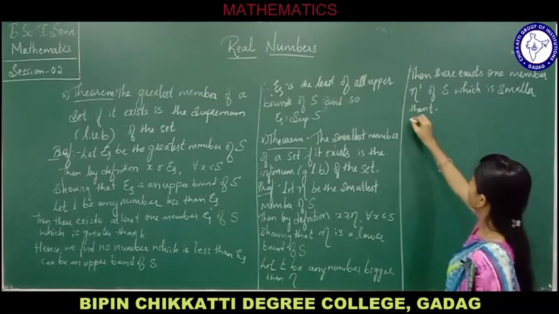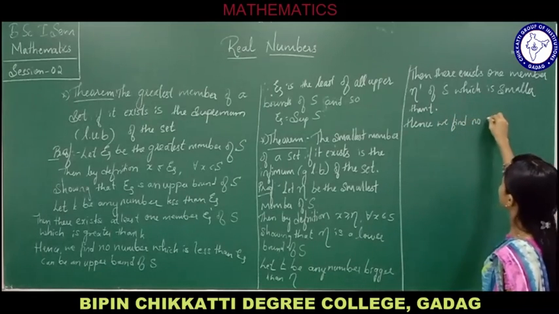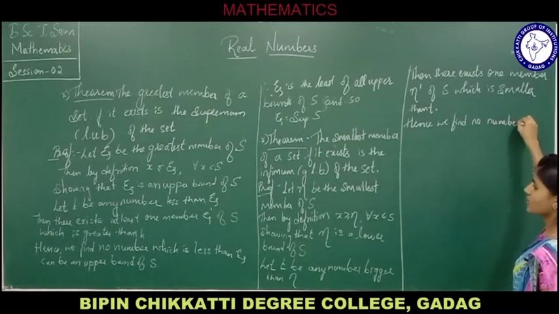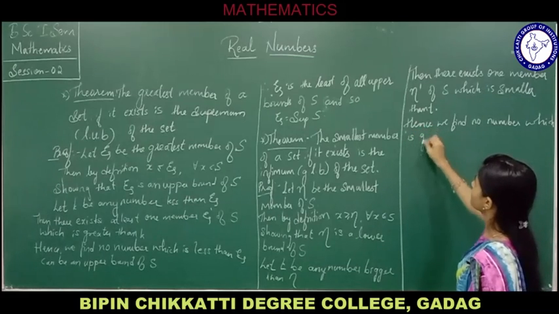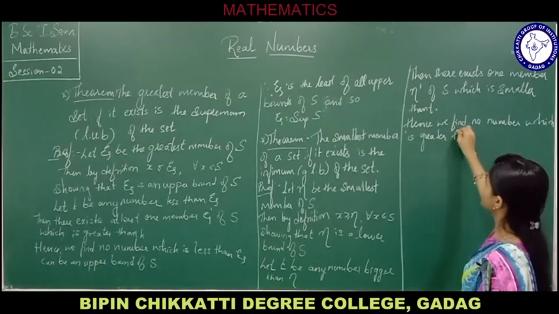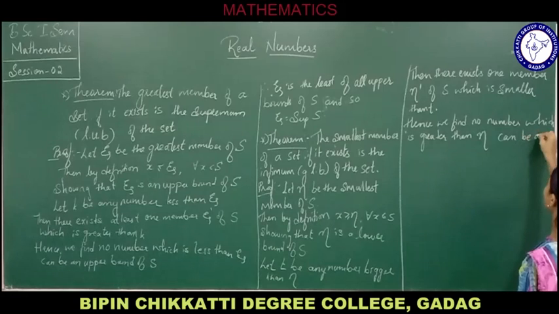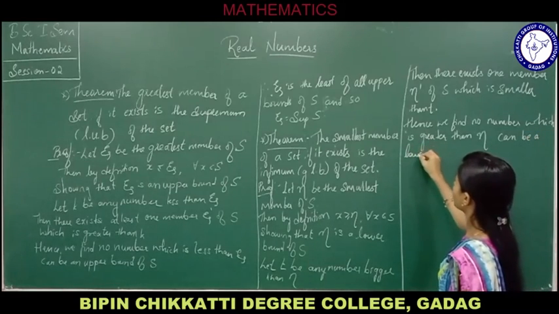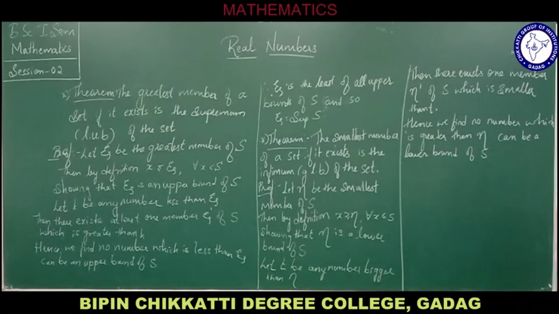Hence we find no number greater than eta which can be a lower bound of S, because there exists eta dash of S which is smaller than t.